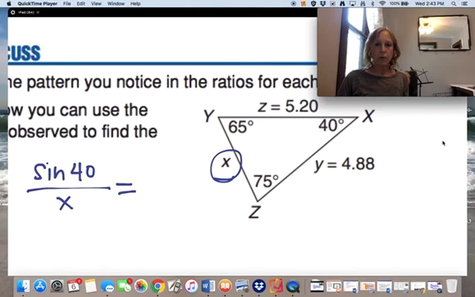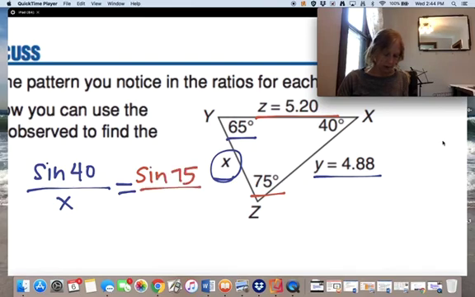So that ratio is going to be the same as, say, the sine of 65 over 4.88, or it's also going to be the same as the sine of 75 divided by 5.2. We can just pick whichever one you want. I'm going to choose the last one. So I'm going to say it's equal to the sine of 75 divided by 5.2.